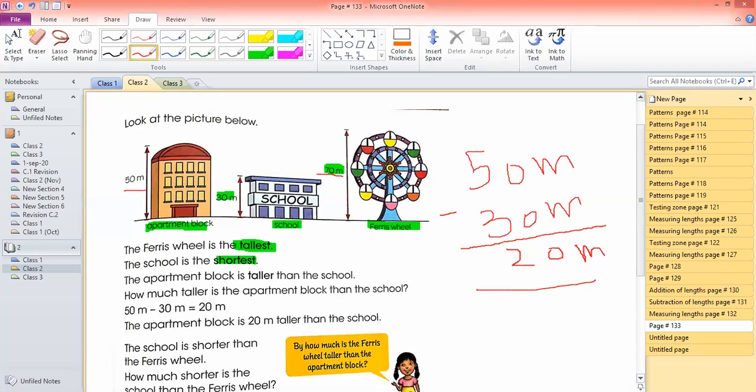I mean 70 minus 50. Same, if I ask you to compare the Ferris wheel and the school, and check how much taller the Ferris wheel is than the school, you check 70 and 30. The Ferris wheel is taller. So you will subtract the school height, which is shorter, 30, from 70, and you will find out.